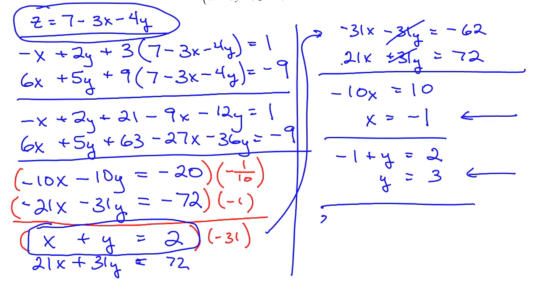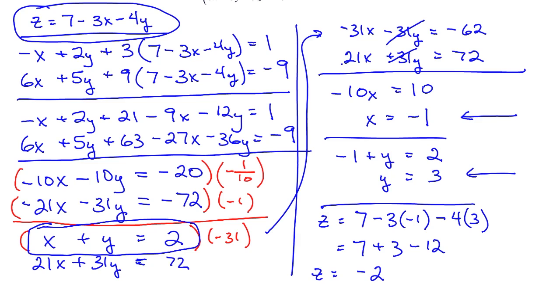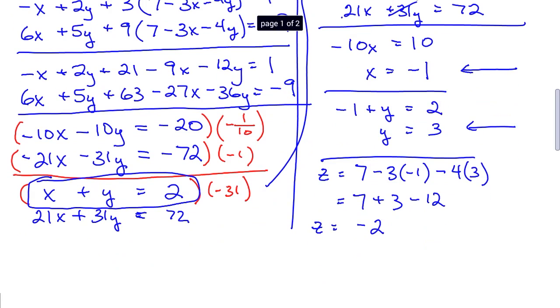So z is equal to 7 minus 3 times the x, which was negative 1, minus 4 times the y, which was 3, and that's z equals -2. So the solution is an ordered triple, -1, 3, -2.